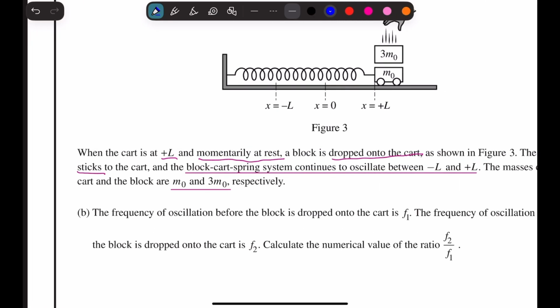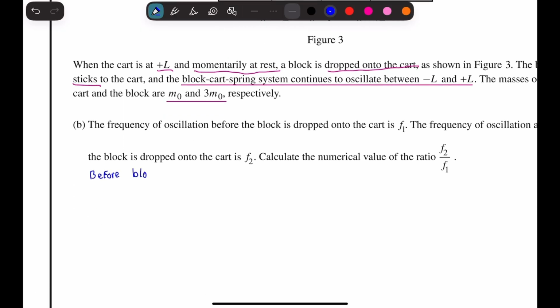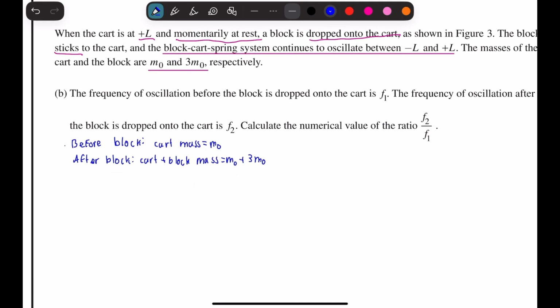So now we know that before the block, the cart mass is going to be equal to m initial. And after the block, the cart plus the block mass is going to be equal to m initial plus 3m initial from the block. We also know that the spring constant remains unchanged.